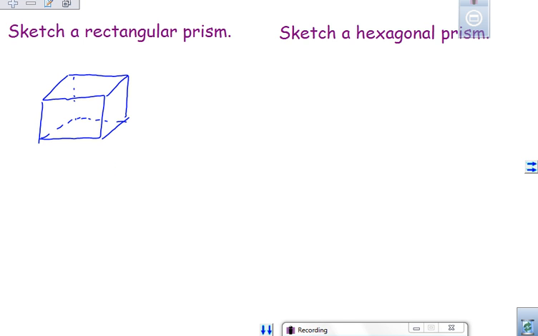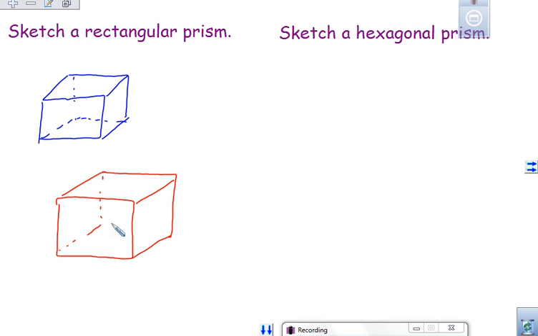Why don't you try your own? Another way I've seen is just to make your rectangle, and then you can just draw a parallel line here and a parallel line here, and then connect. For some reason it looks like a loaf of bread, but it's a rectangular prism, and I almost even made mine into cubes.